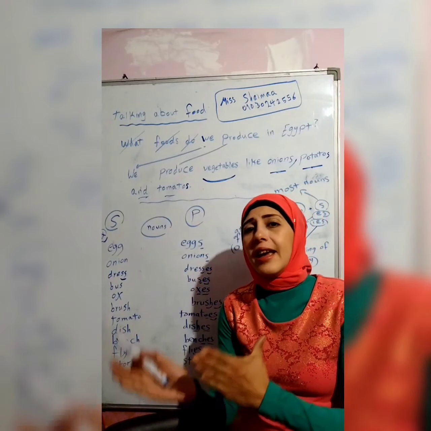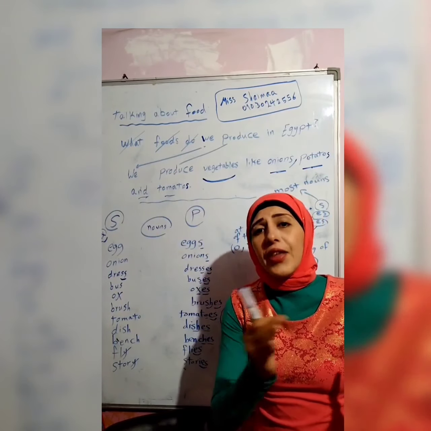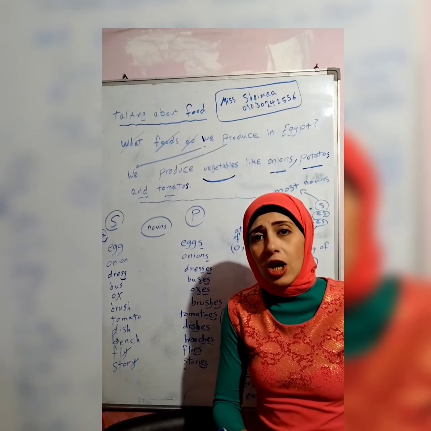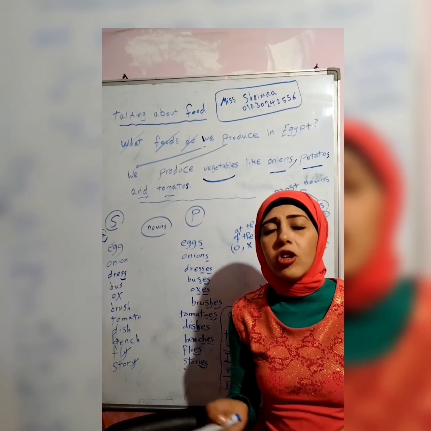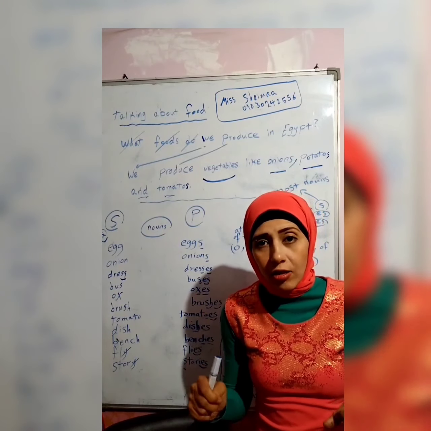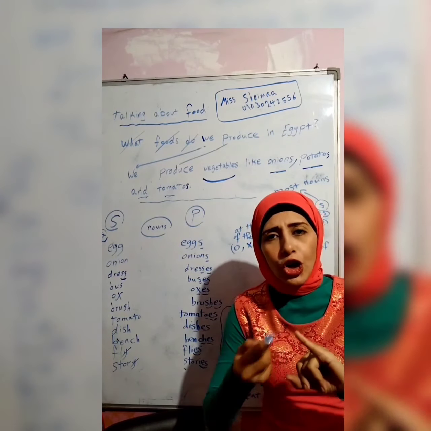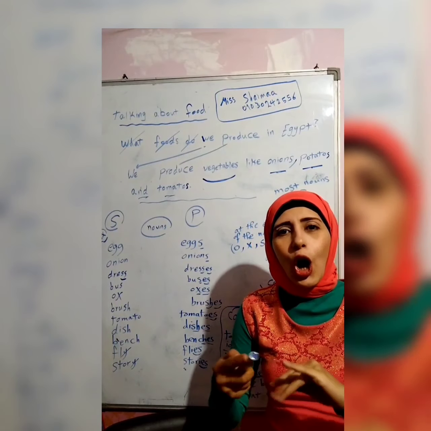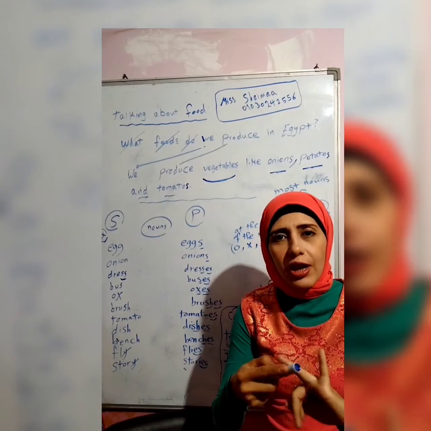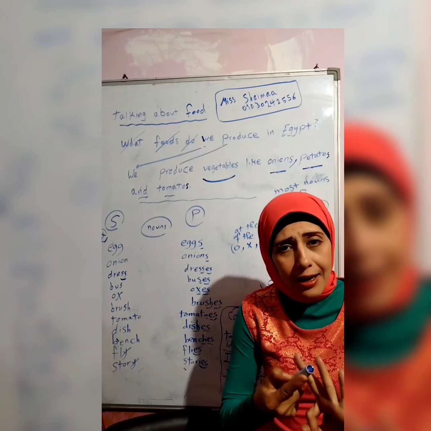Say the answer. The answer here, vegetables. Vegetables like what? In this lesson, vegetables like onions, potatoes, and tomatoes.